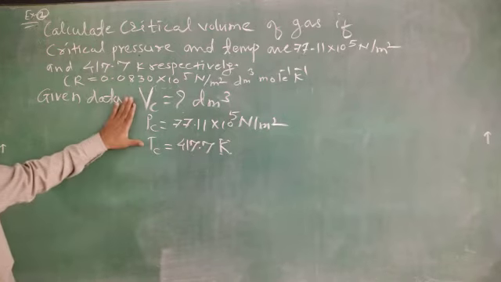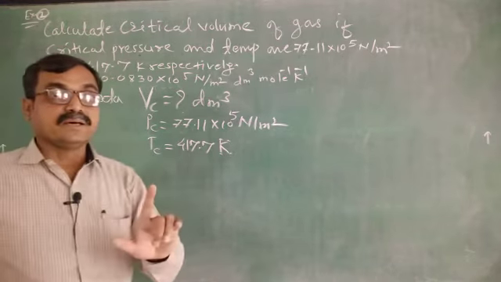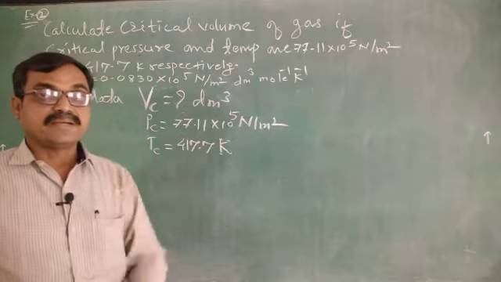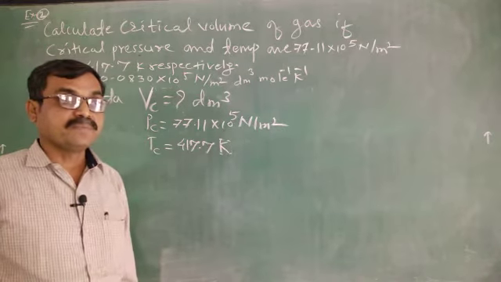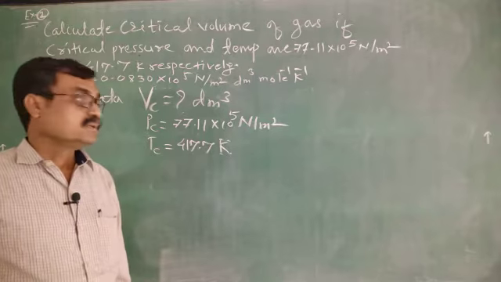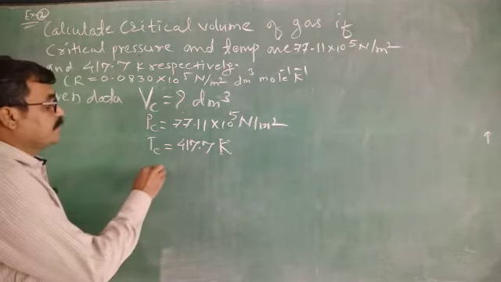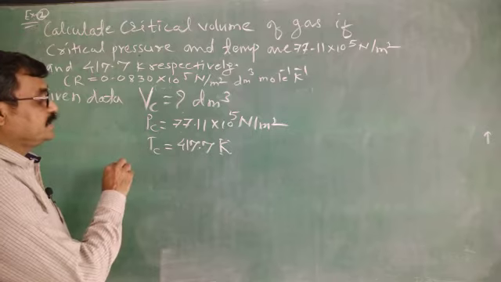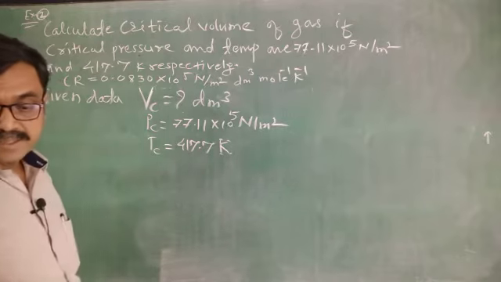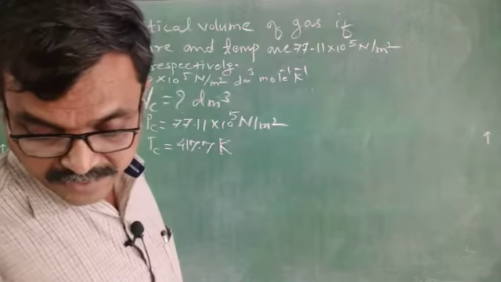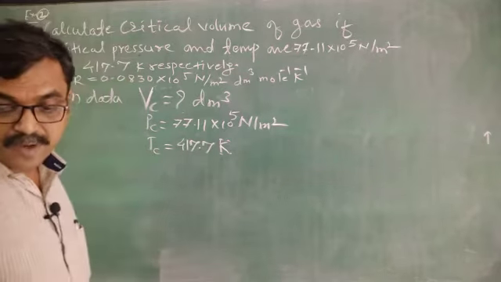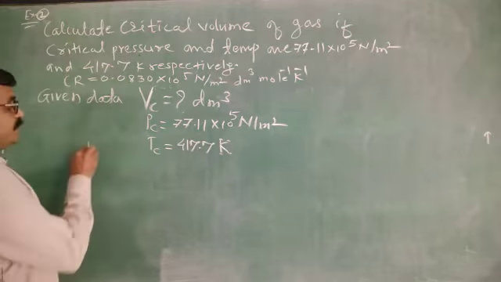This formula we have seen in the show that relationship. What is that relationship? It will be PC TC is equal to, last point we have seen, RTC upon PCVC.